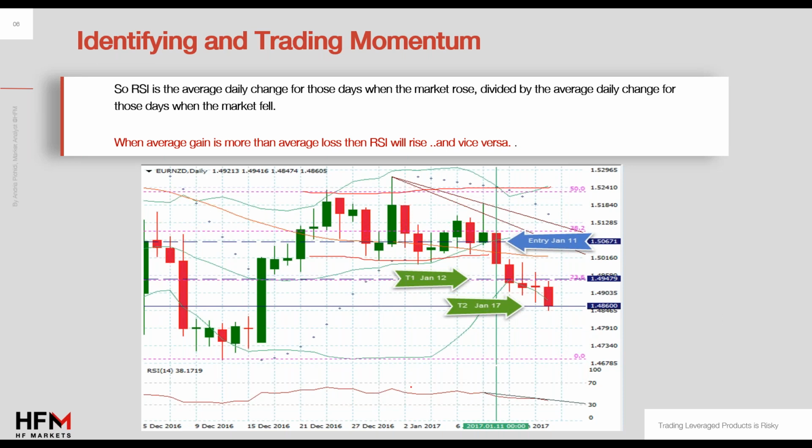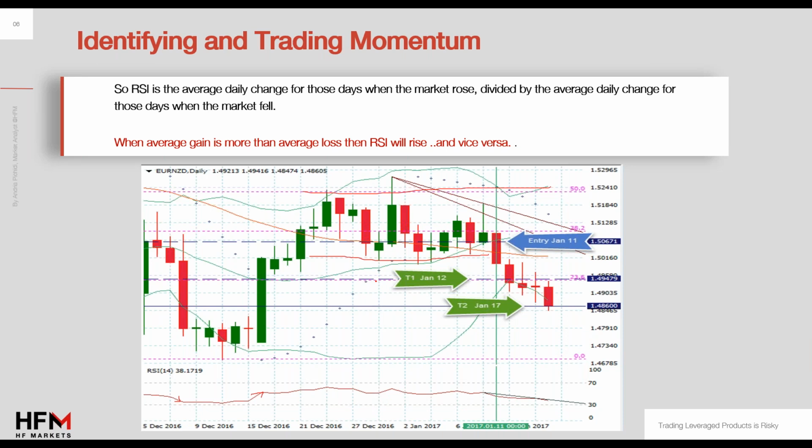But our RSI during this time was retesting the 50 zone again. It's a shame that I don't have a line on, but you can see it's a bit flattened. It's not pointing up like here. It's not pointing down like here. It's a bit choppy, a bit sideways. So that was an indication that the asset might enter a ranging market, a consolidation mode.